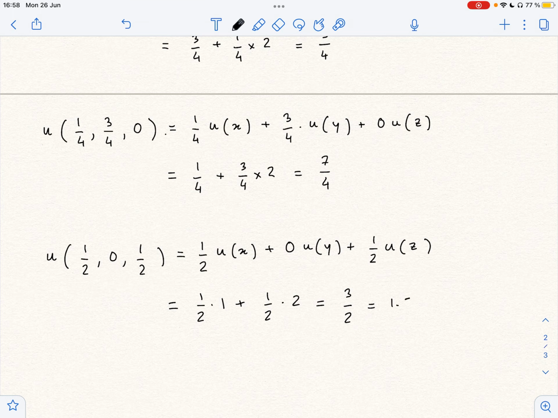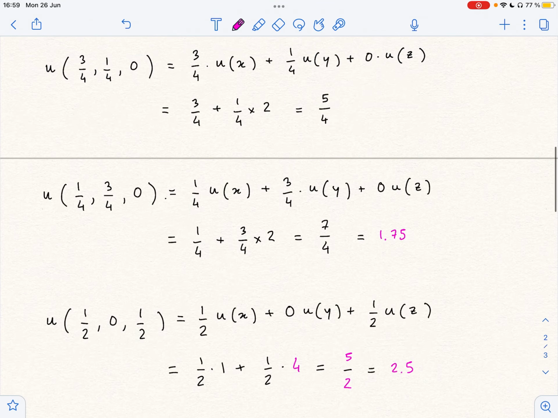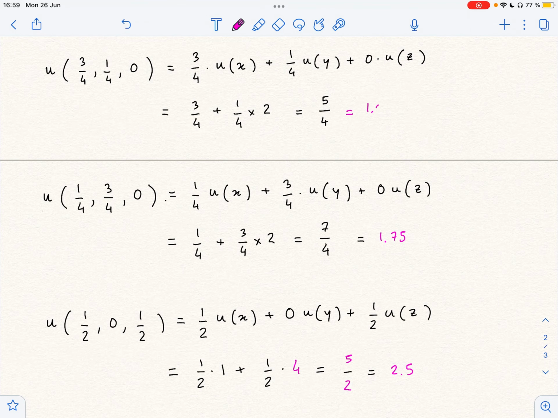Which is equal to 1.5. Actually, I made a mistake, sorry, this is 4. And if this is 4, this is equal to 4/2 plus 1/2, so 5/2, which is equal to 2.5. And this here is 1.75. All right, and this here is 1.25.